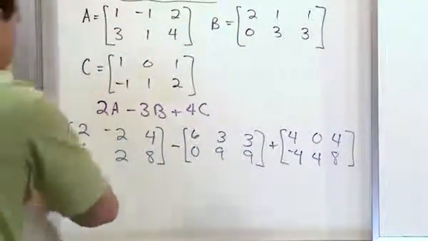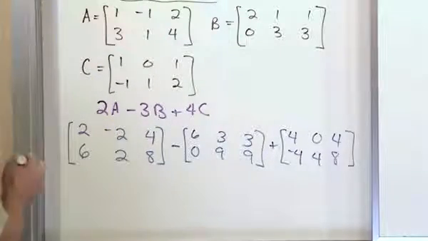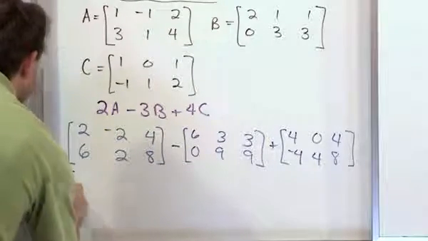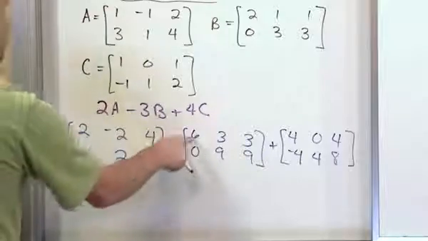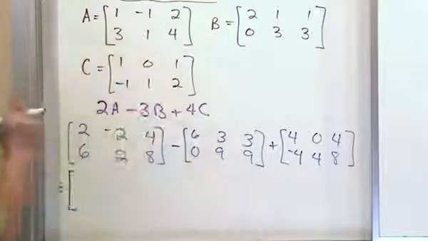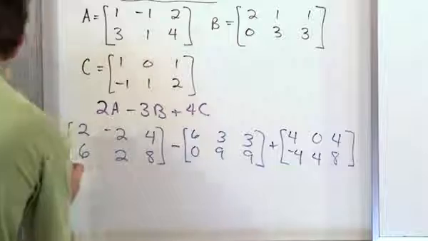Here we have a minus, here we have a plus, so we just go down the way. This is equal to 2 minus 6, which gives us -4, and -4 plus 4 gives us 0.